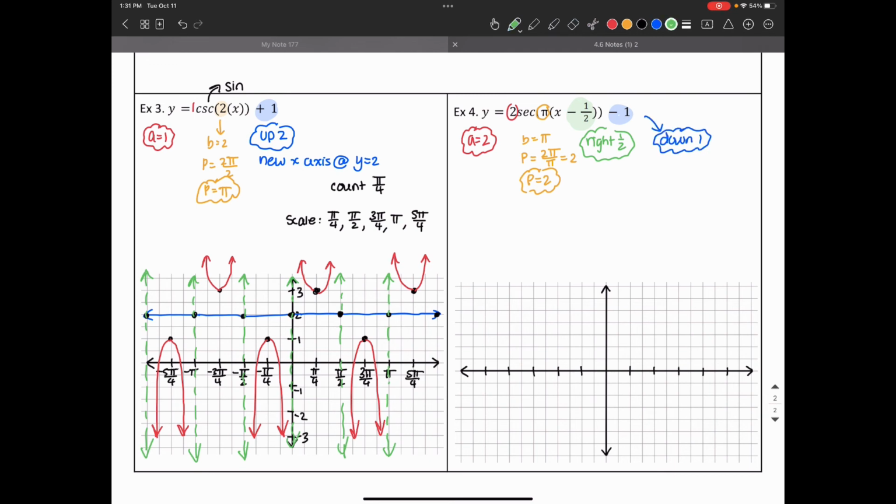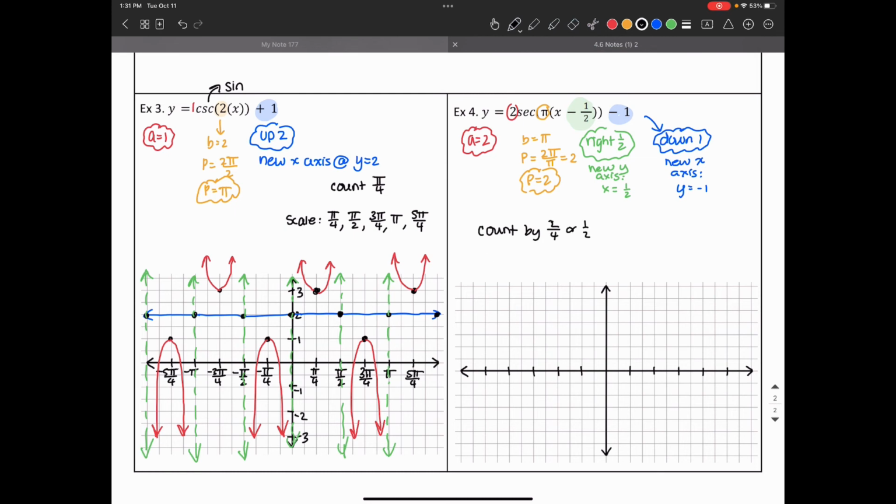The right 1/2 means the new y-axis is at x equals 1/2. And for going down 1, the new x-axis should be at y equals -1. First thing I'm going to do is, what is my scale? I'm going to be counting by 2 divided by 4, or 1/2.